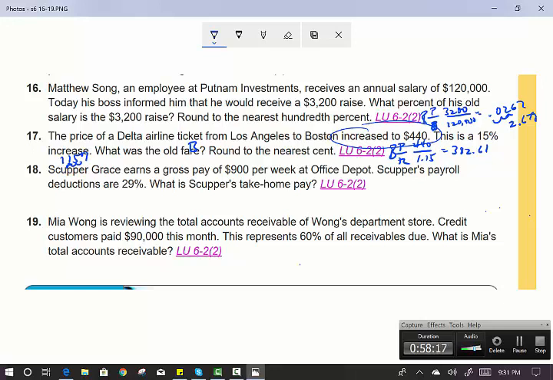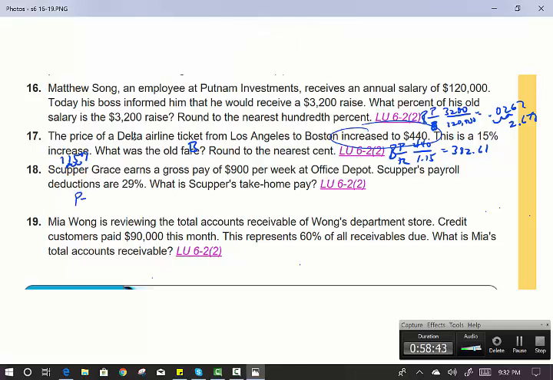Well, if his deductions are 29%, then his take-home is going to be the difference between 29% and 100%, which is 71%. So his take-home pay is going to be the part. We're going to be solving for the part.